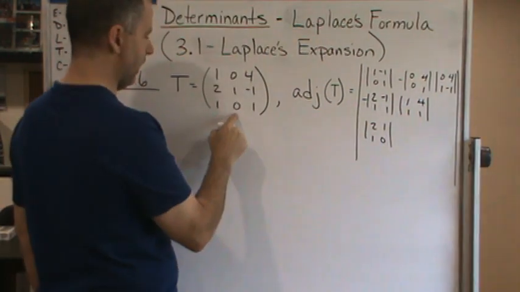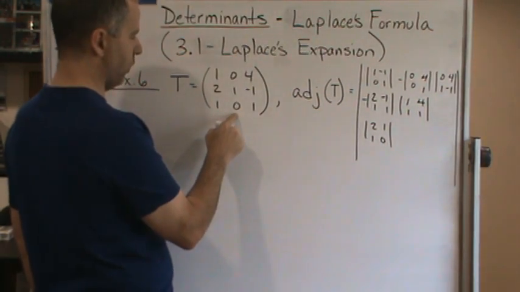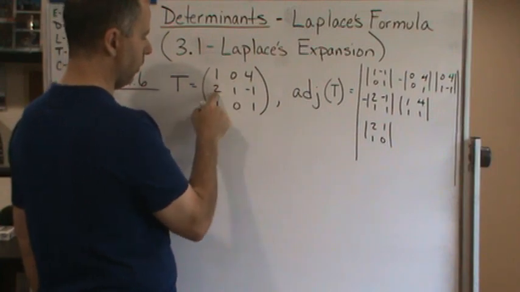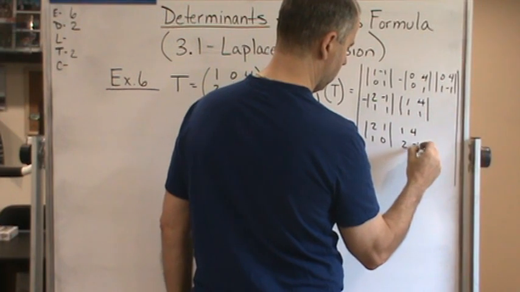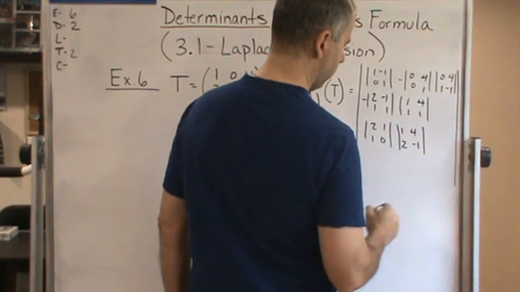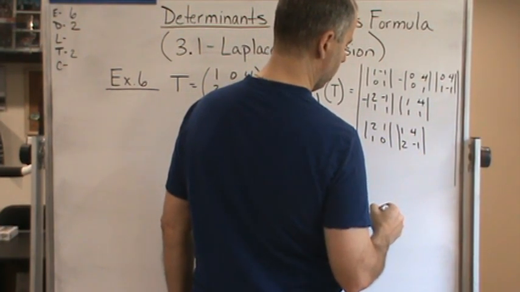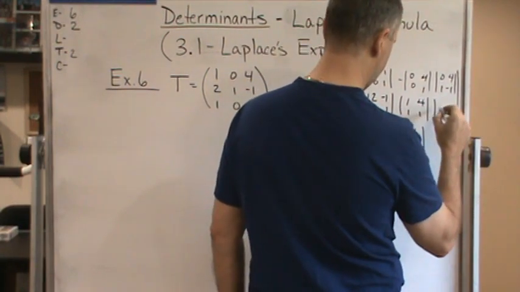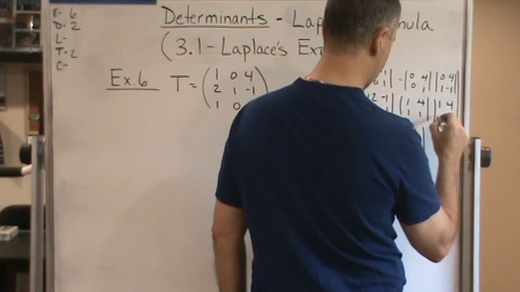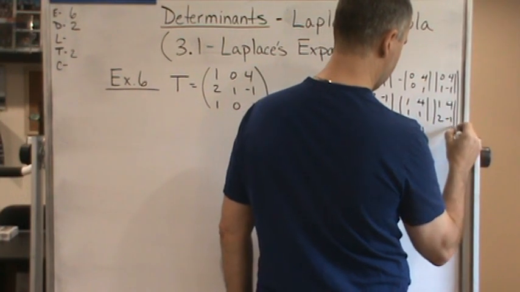And then if we go to the next one, that's going to give us 1, 4, 2, negative 1. Oh, hold on. Wrong one. Over here, 1, 4, 2, negative 1.